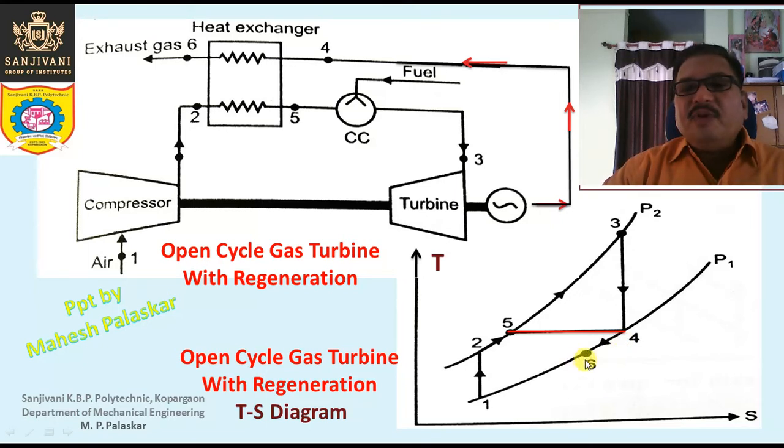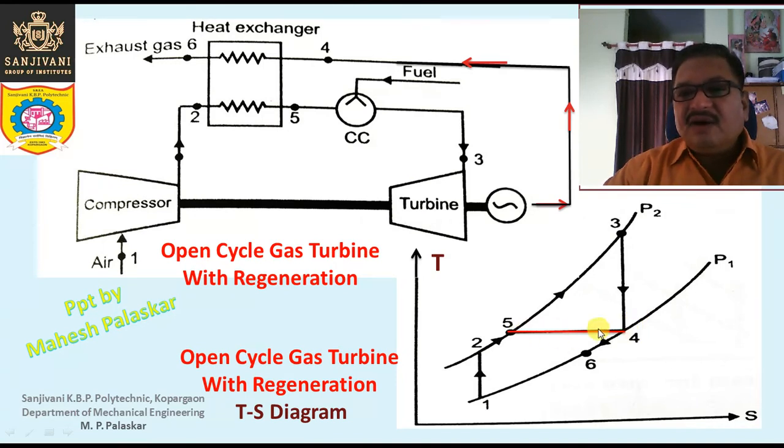At point 6, the exhaust gases will leave the system and enter the atmosphere, but during the process 4-6, the exhaust gases will give their heat energy to the air which is entering the combustion chamber and leaving the compressor. So this heat energy of the exhaust gases during the process 4-6 is utilized for preheating the air before the air goes to the combustion chamber, right?